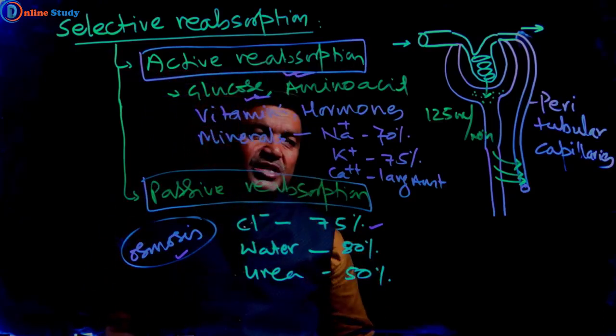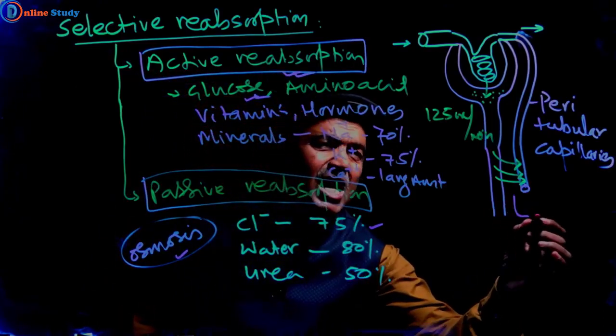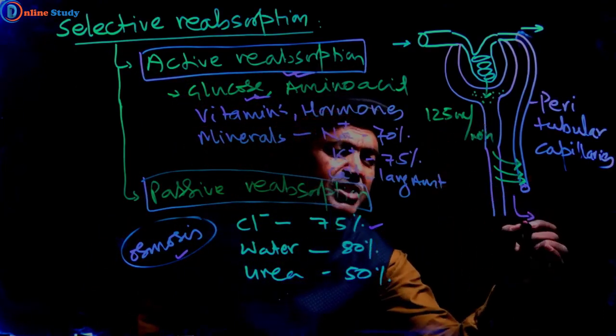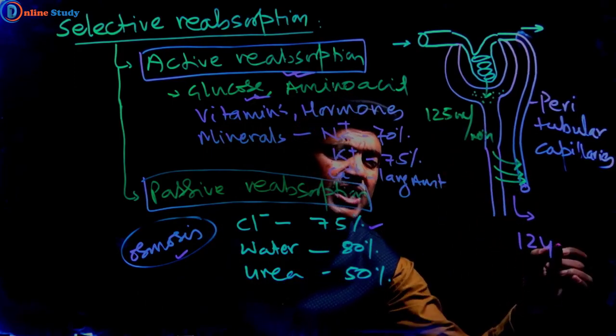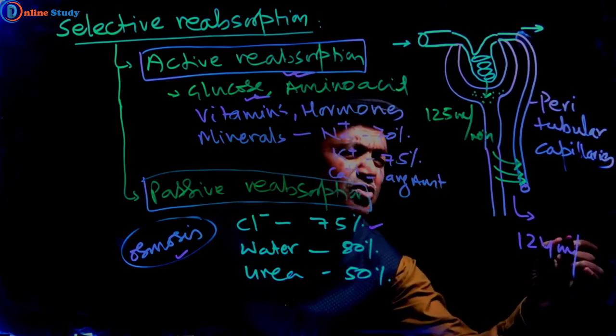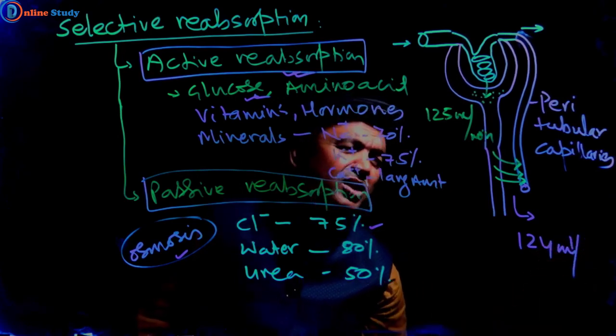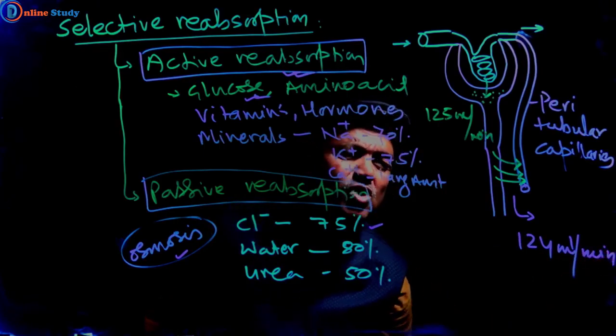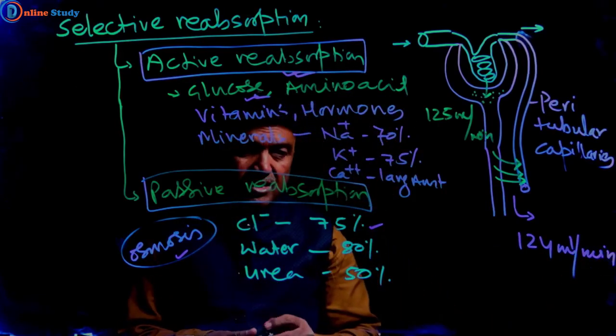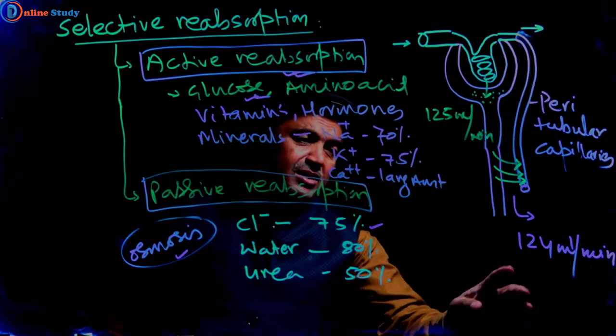selective reabsorption. In selective reabsorption, 1 to 4 ml of filtrate is reabsorbed per minute. Listen carefully.